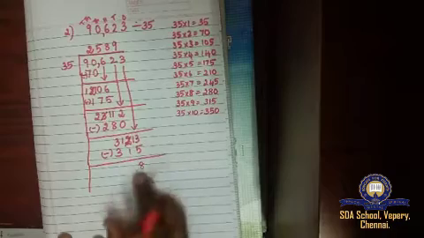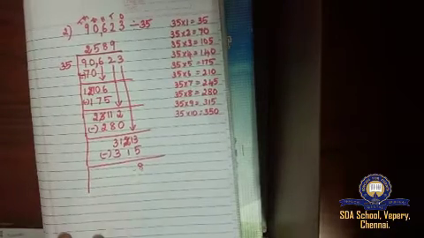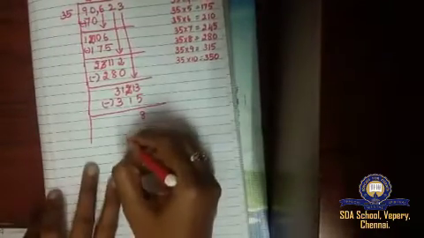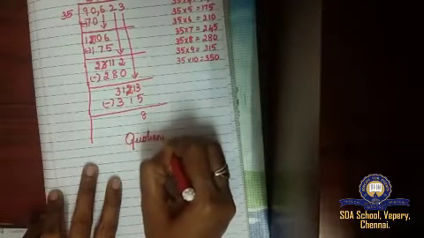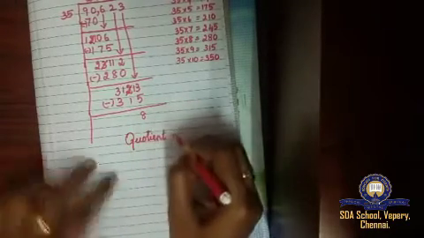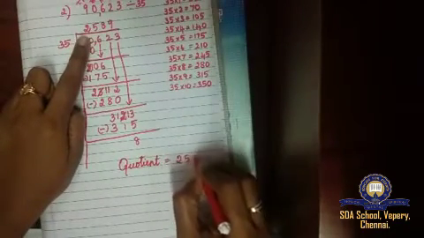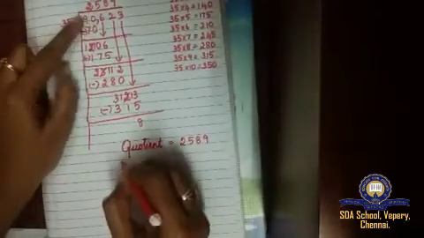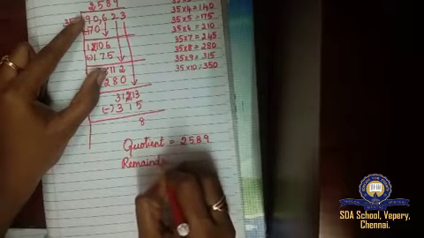Okay, first draw this line, put the dividend inside and the divisor outside. First take one digit. It should be greater than the divisor. It should not be less than the divisor. If it is less, what do we have to do? We have to take two digits, multiply, and see whether this number is divisible by the divisor or not.